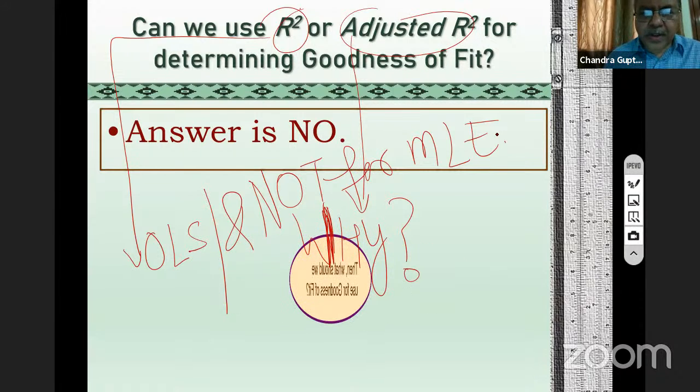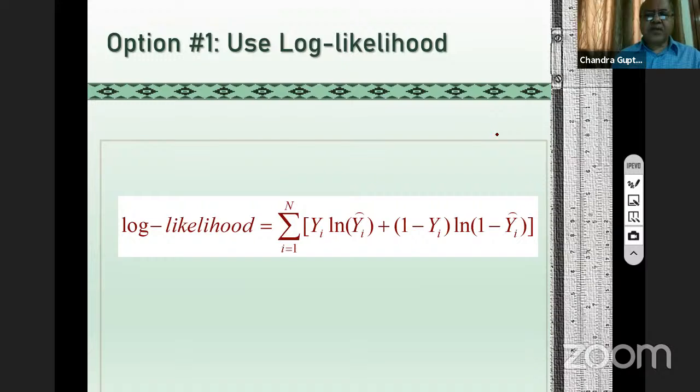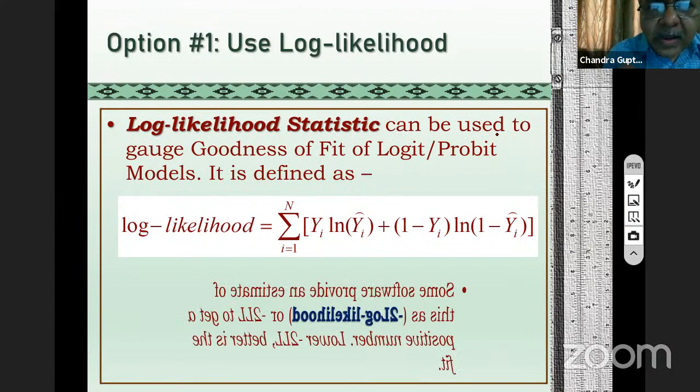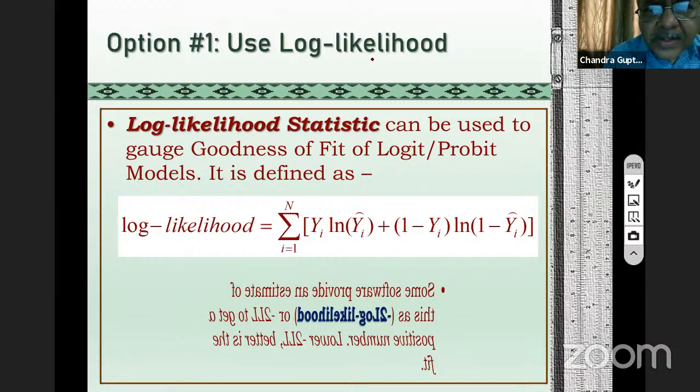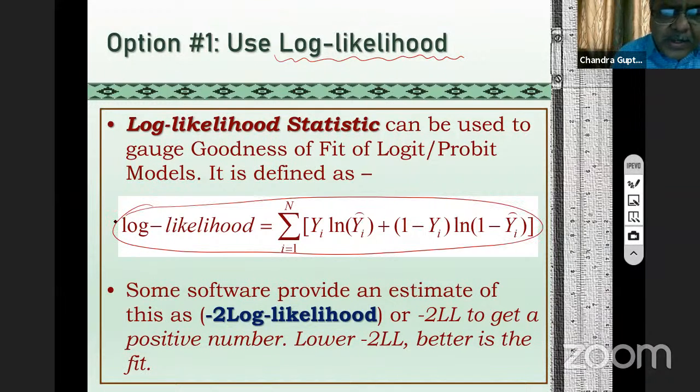Then what should we do and how do we decide goodness of fit? For that, we use one of the statistics called the log likelihood statistic. It can be used to gauge goodness of fit of the logit or the probit model. Some software provides minus 2 log likelihood values, and to get a positive number, we take the absolute value.